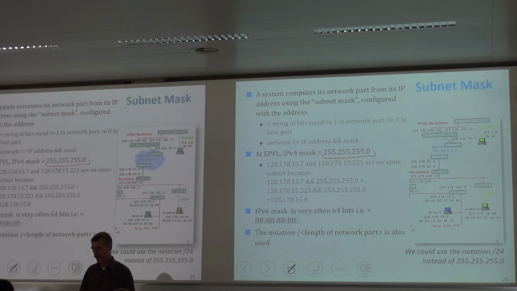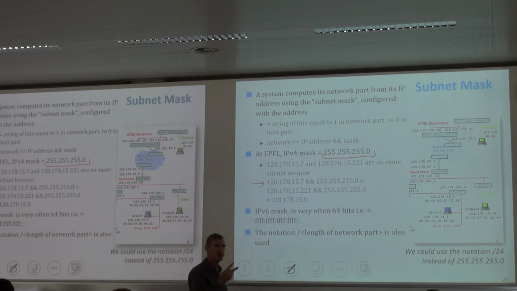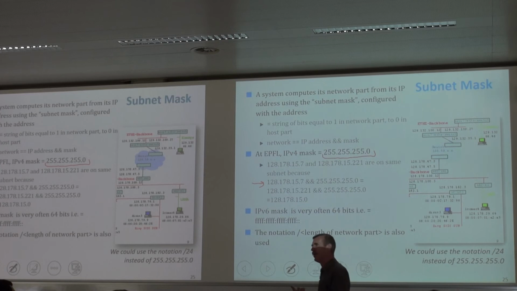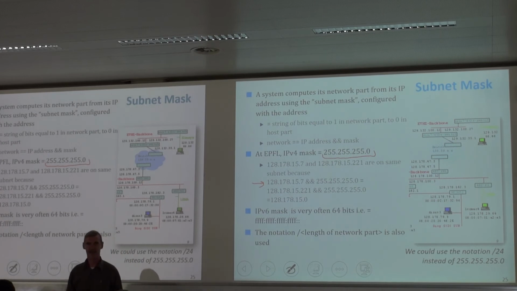And if you have an arbitrary network mask, in order to test whether two addresses are in the same local area network, i.e. whether they have the same network portion and the same network part, you apply the network mask by a bitwise AND if you use this convention.